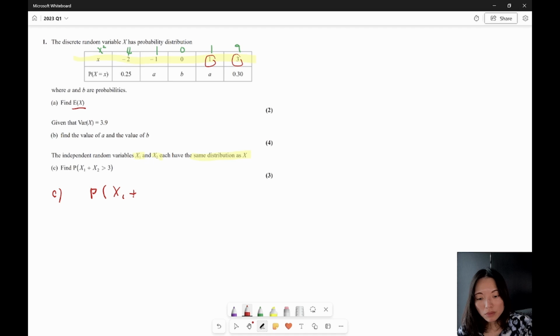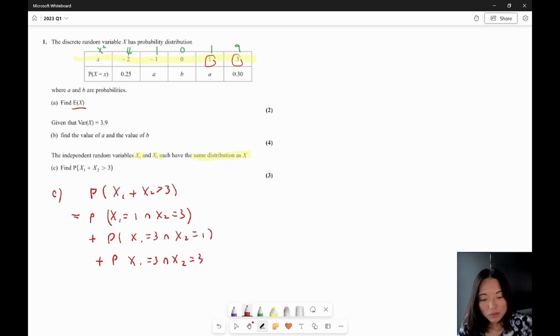So probability of x1 plus x2 greater than 3 equals the probability of x1 equals 1 and x2 equals 3, plus the probability of the other way around, x1 equals 3 and x2 equals 1, plus both x1 and x2 equals 3.